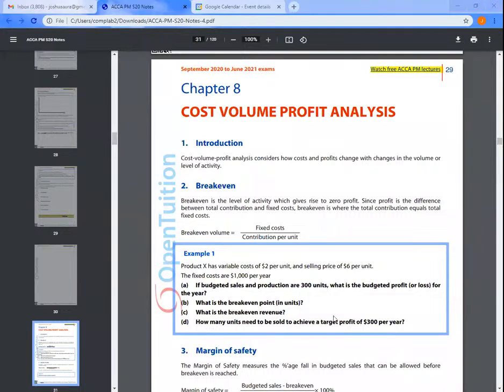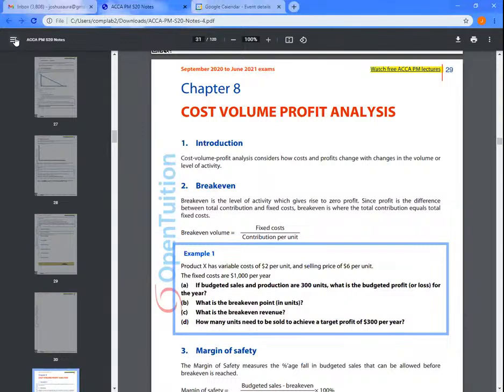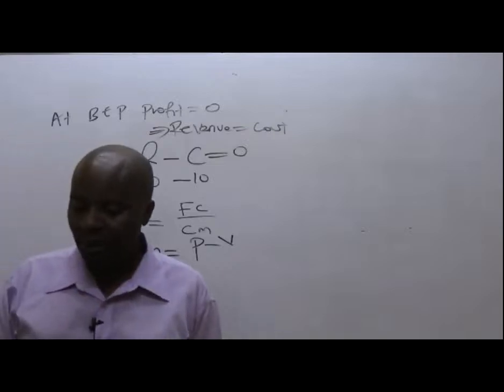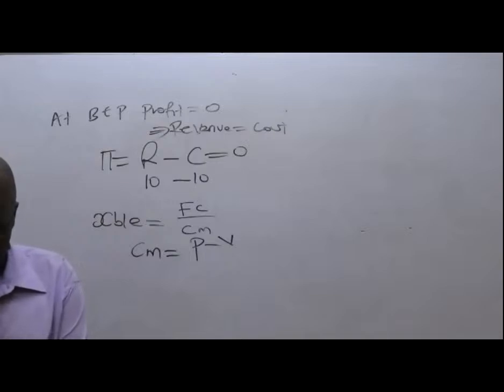Whenever I see those parameters, ladies and gentlemen, what I'll be able to remember very fast is the simple formula that I was taught in CPA section 4.